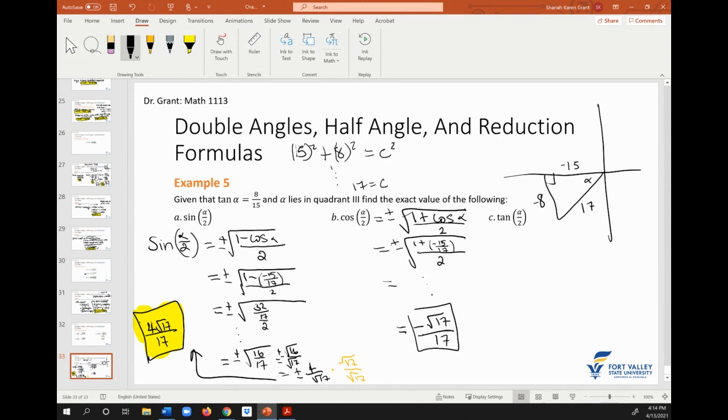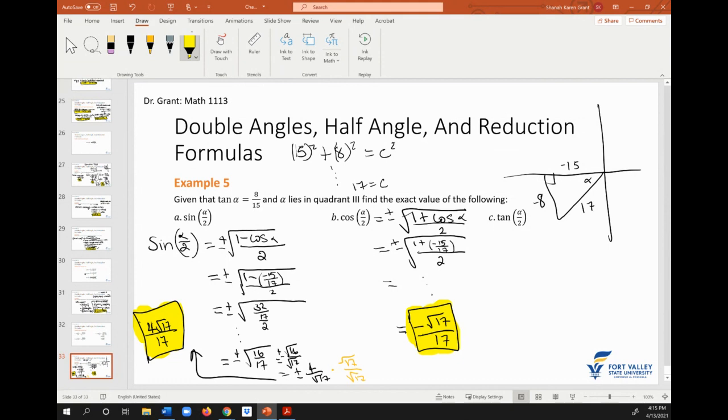We're taking the negative side of this because the terminal side of this triangle is in the second quadrant, and we know that cosine is negative in the second quadrant. Only sine is positive there.